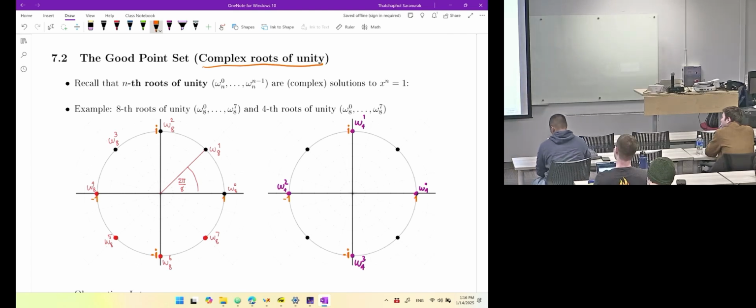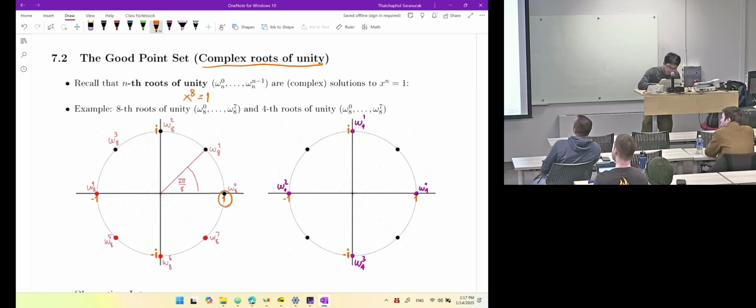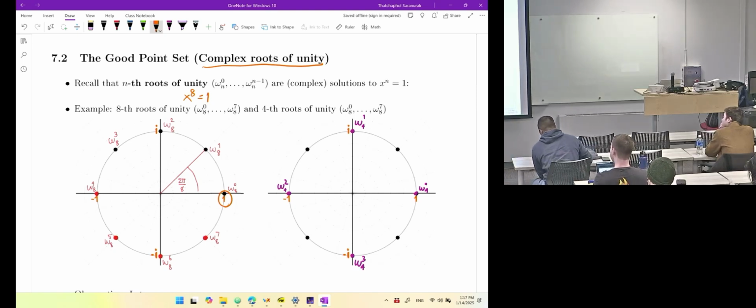For example, what are the solutions of x to the 8 equals 1? The first solution is just 1, right? 1 to the 8 is 1. But there are other solutions in the complex plane. Everyone knows the complex plane: you have 0 here, 1 here, minus 1 here, and another direction here, which is i and minus i.